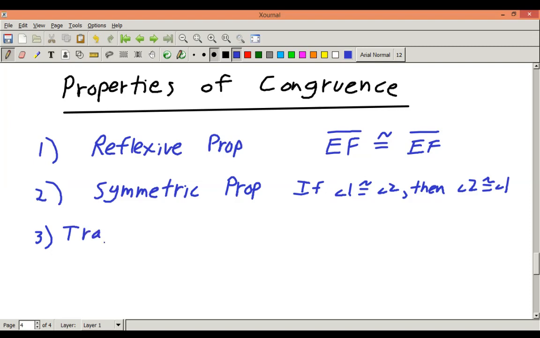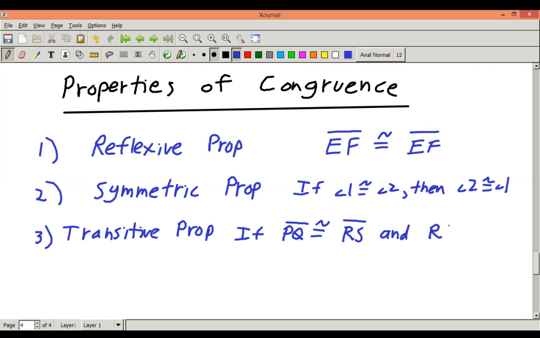We also have the transitive property of congruence. And that says if segment PQ is congruent to segment RS, and segment RS is congruent to segment TU, then segment PQ is congruent to segment TU.